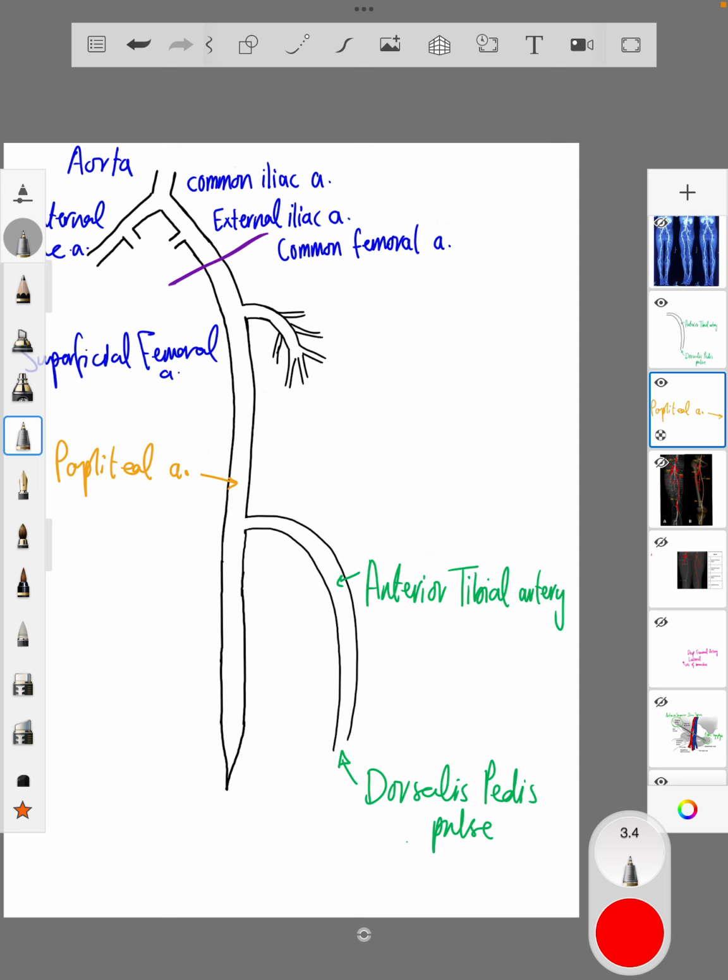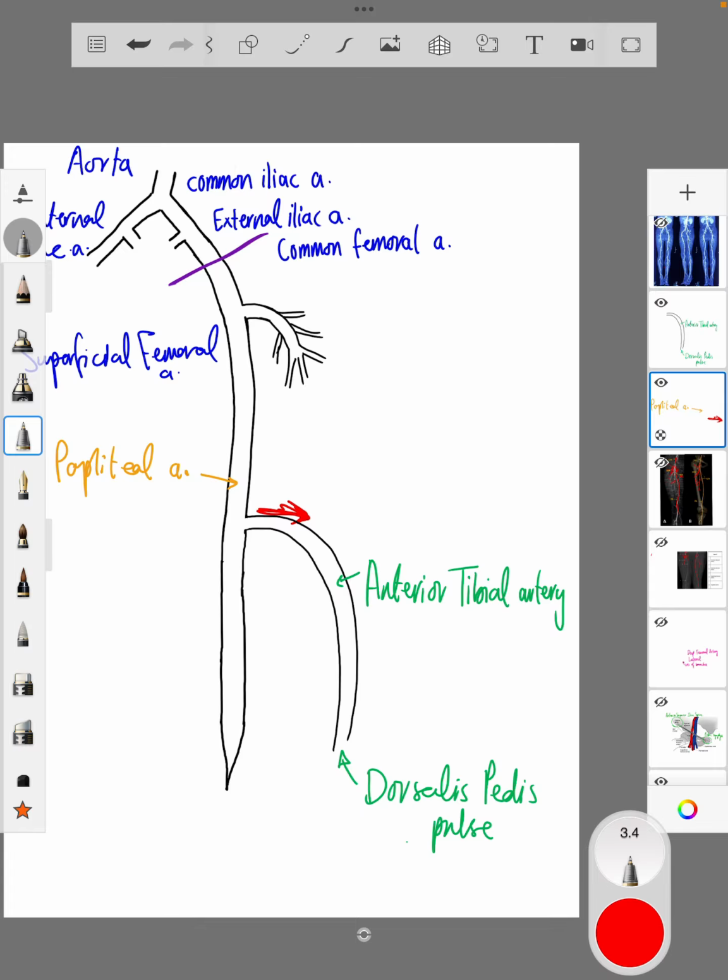And you can see that it branches off on the lateral side as well, just like the deep femoral artery. This is the first branch that comes off, and you can see that it goes far off from the popliteal artery.